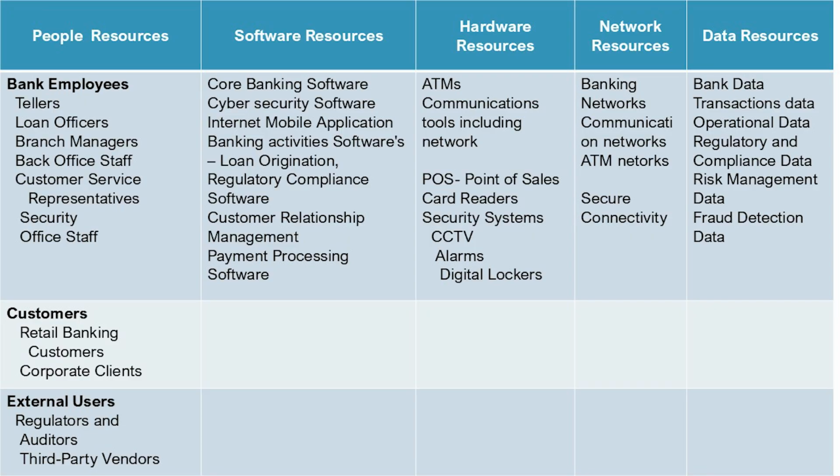Take a look at the table and understand in case of network resources, it also has data centers, communication systems, wireless networks, and something which we did not discuss till now, like a disaster recovery and backup system, which is very important for all information systems. And on data resources, we have risk management data and fraud detection and prevention data, which is very important to ensure security in the banking transactions.